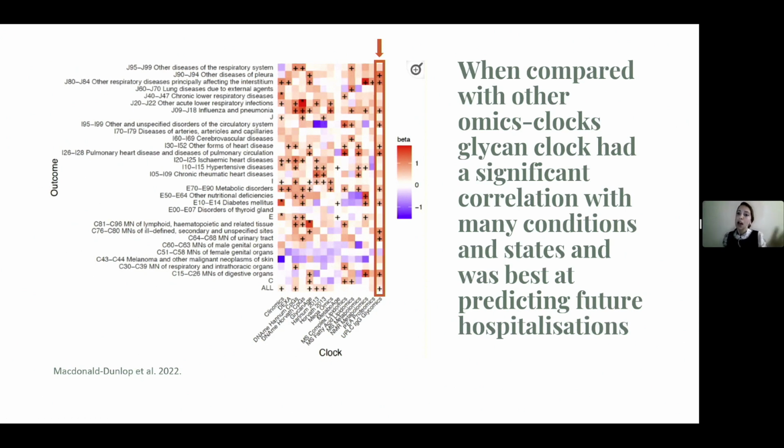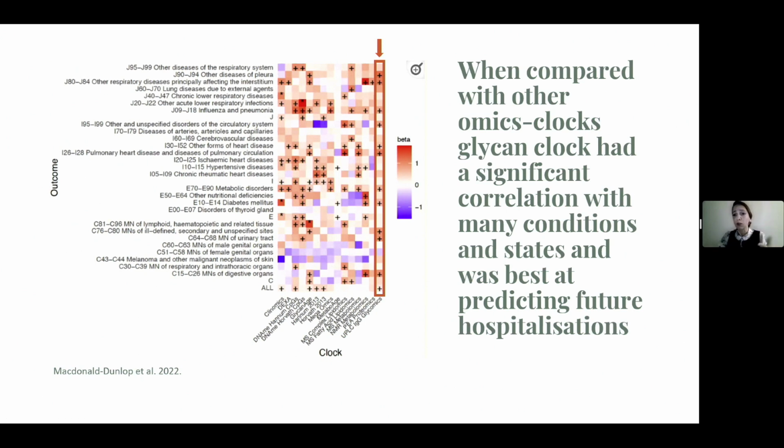This is a paper which was not published by us, it was by a different group, but what they saw was that the glycan clock has a significant correlation with many conditions, including cardiometabolic and pulmonary diseases, influenza, pneumonia, so even inflammatory diseases, and so on. And it was best at predicting future hospitalization when compared to other clocks such as MetaboAge, clinomics, DNA, Horvath CpGs, Hannum, and so on.